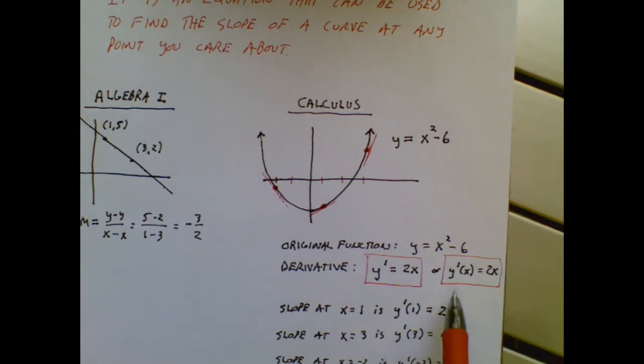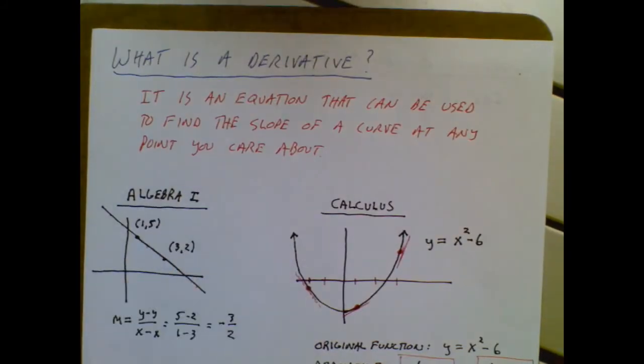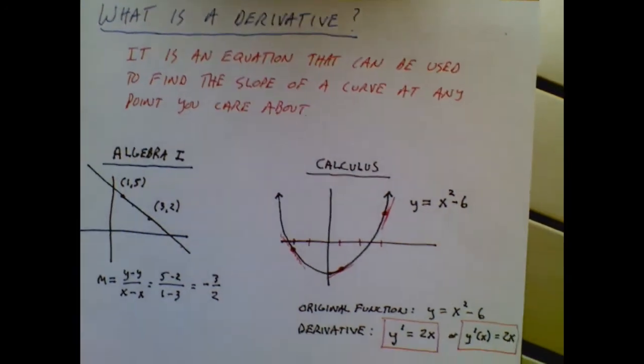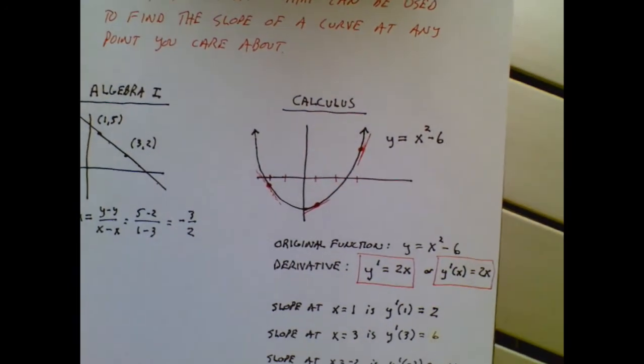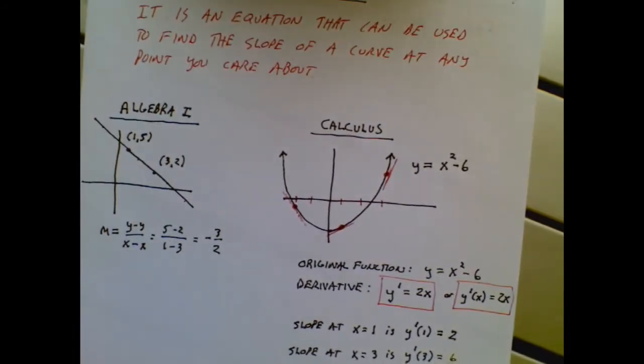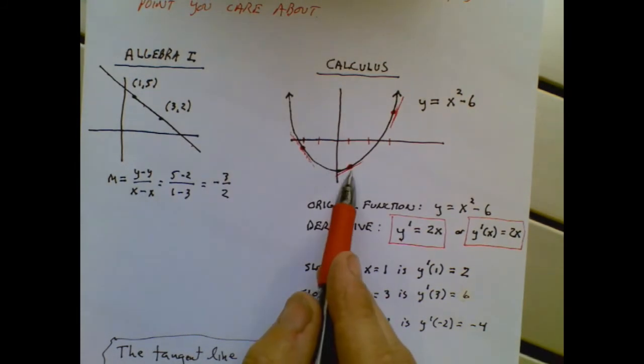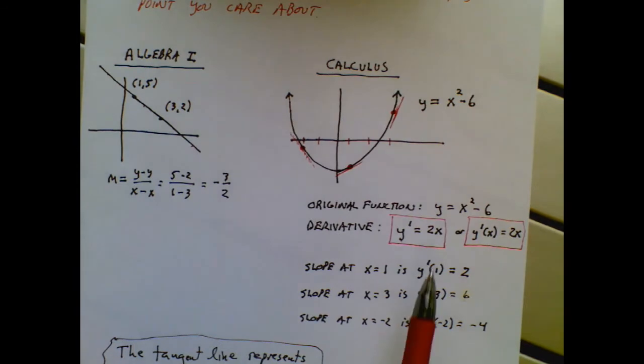But now, since the derivative is an equation that will give you the slope at any point you care about, remember that's our definition, we can now start caring about different points. So for example, if I cared about this spot, it's approximately x equals 1, I take an x equals 1 and I plug it into my equation.